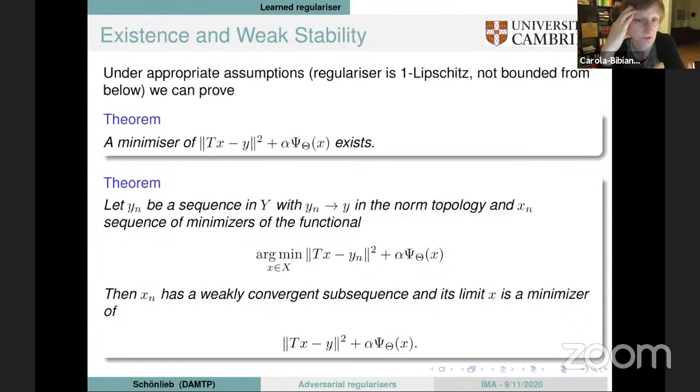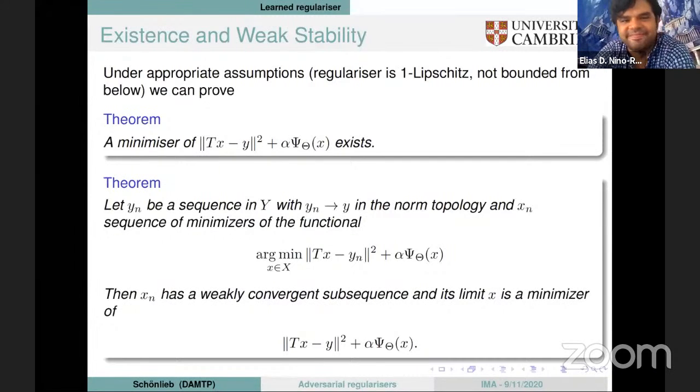But yes, this is definitely an issue. That's also why, in the slides where I showed you the zoo of regularizers, these were all convex regularizers. I see. Okay, thank you. Thank you for the question.